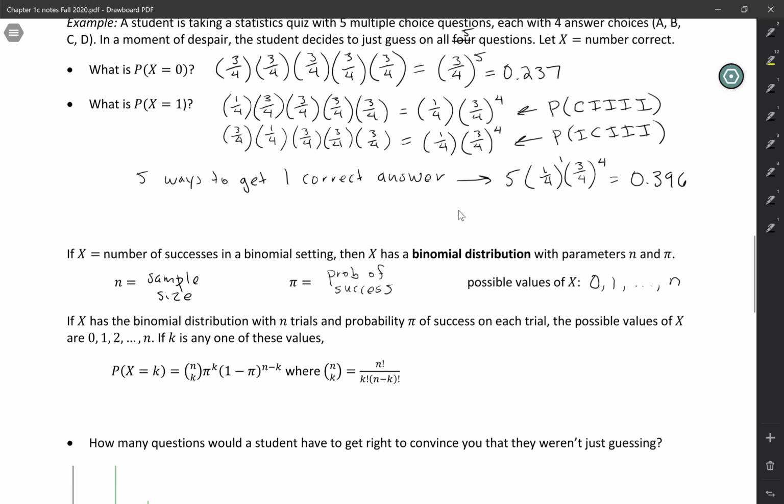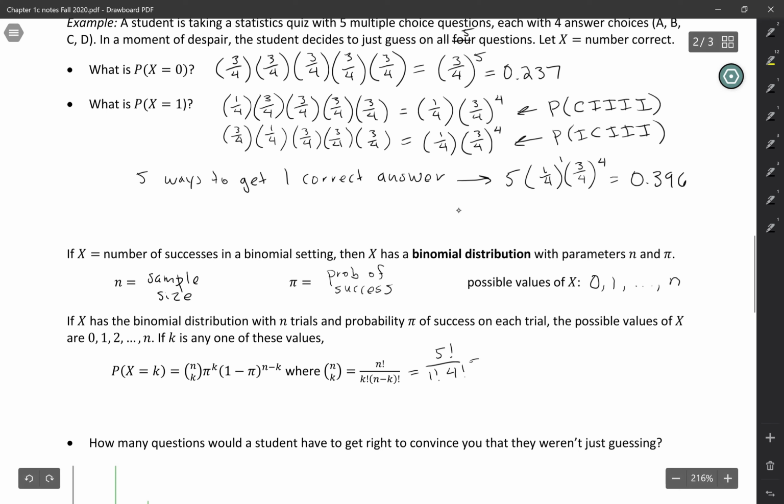So this is a little bit of a tricky formula. N and k in the parentheses like this, we pronounce that n choose k, and it has this formula with all the factorials in it. So in our case, this would be 5 factorial, that's our sample size. And then 1 factorial, and n minus 1 would be 4 factorial.